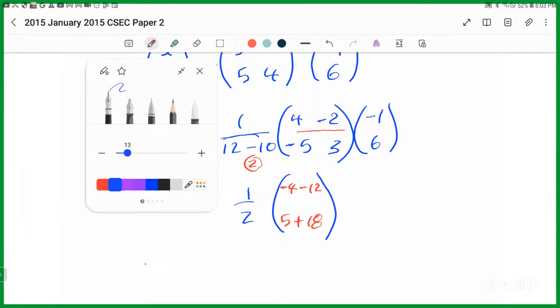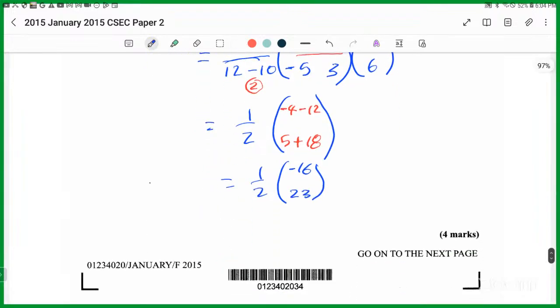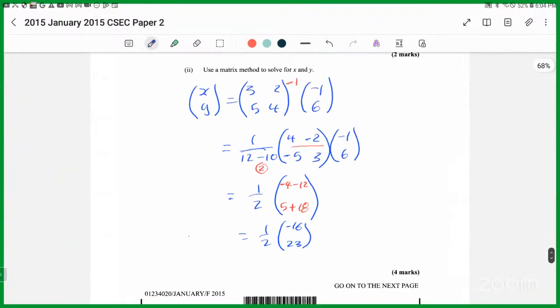It becomes then that we're working on 1 over 2 times this now negative 16. And this becomes what? 23. I'm just checking by the numbers, guys. I like to get whole numbers. Yeah, that's 23. We apply the half.